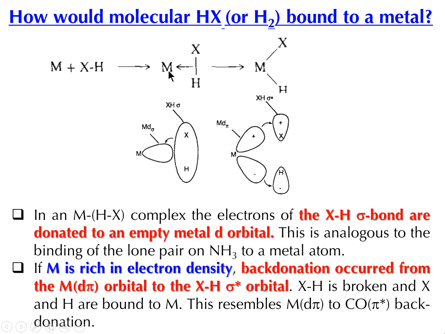The back donation occurs from the d pi orbital of M to the antibonding sigma star orbital of HX, and we will have breaking of the bond HX and formation of the bonds MX and MH. And this type of mechanism is similar to the back donation from the metal center d orbital to the carbonyl pi star antibonding orbital.